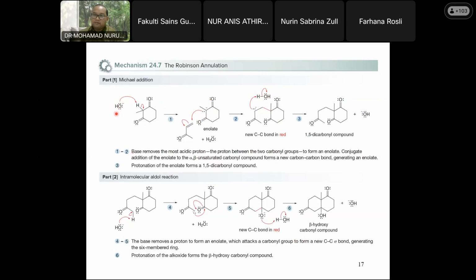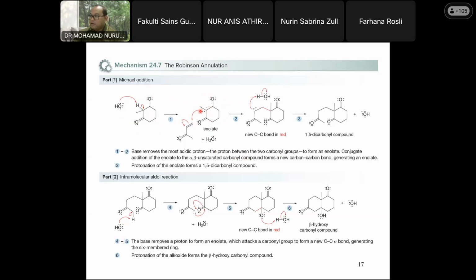If you have a pen, you can label this one as a base. We remove the most acidic proton, which is the proton between the two carbonyl groups, to form the enolate. After the base removes the most acidic proton, it gives you the enolate, the nucleophile.